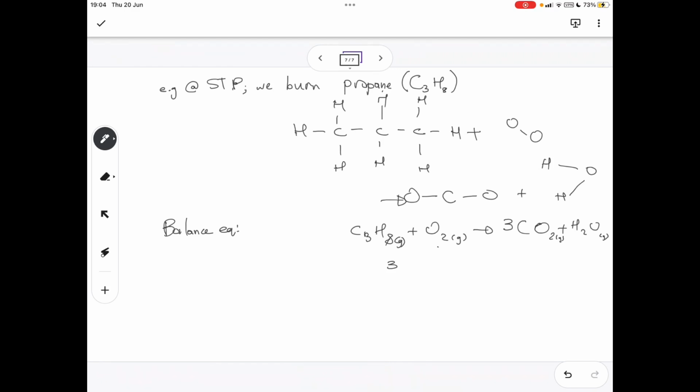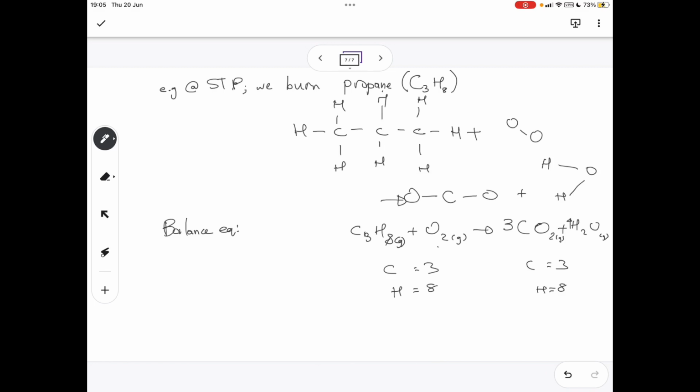So quickly, just to balance this equation, we've balanced out the number of carbons on either side. So carbon, we've got 3 and 3. What about hydrogen? We've got 8 here and only 2 here. So if we multiply by 4, then we'll have 8 hydrogens and 8 hydrogens on either side of the arrow. So the hydrogens balance out.